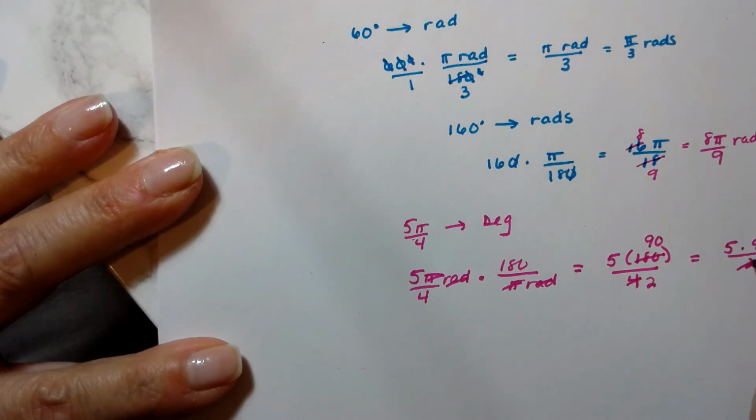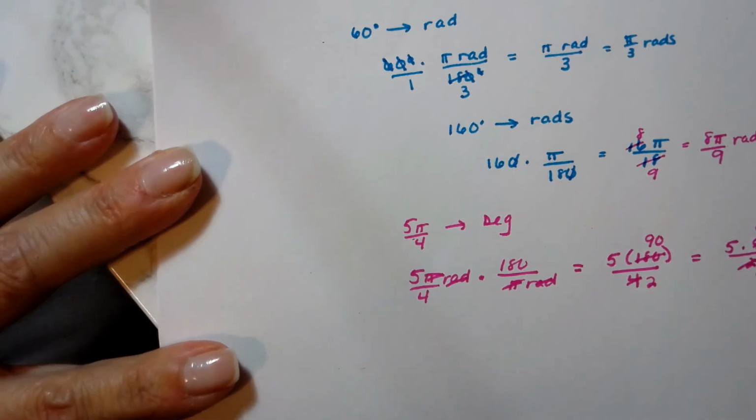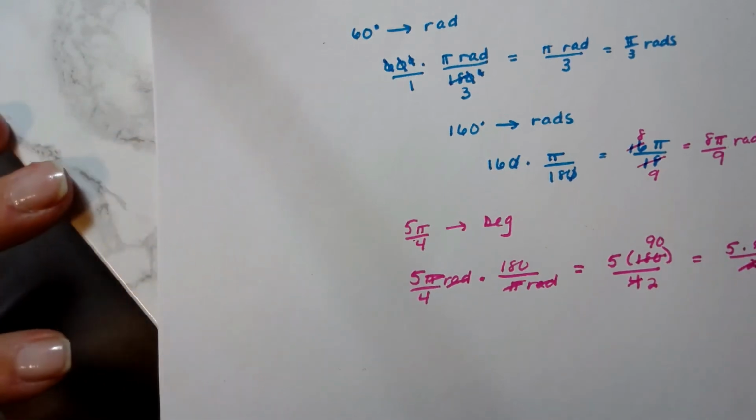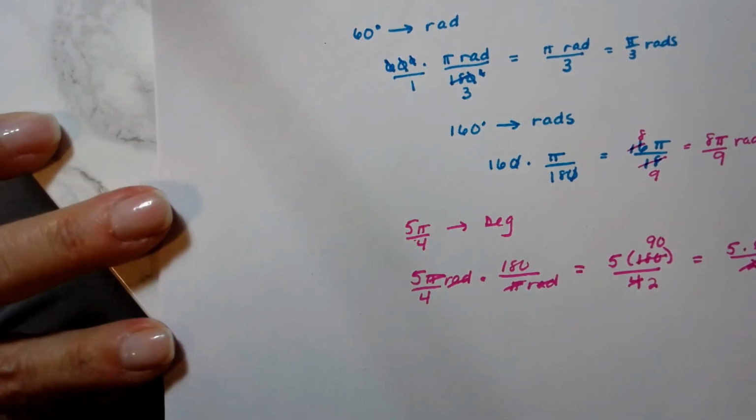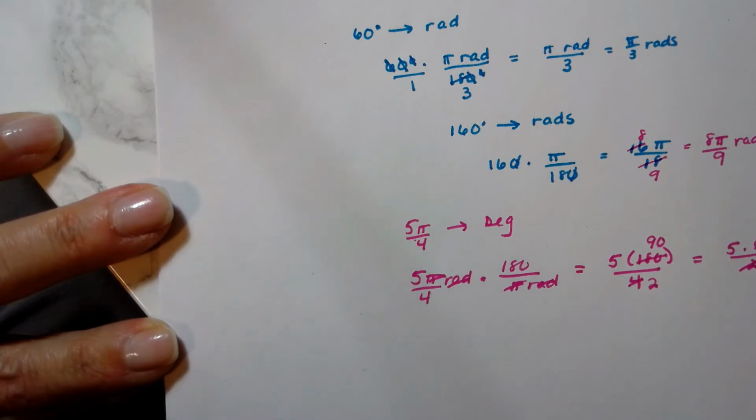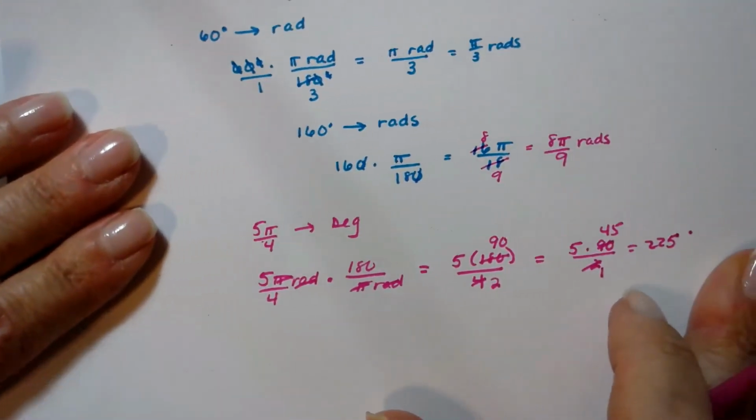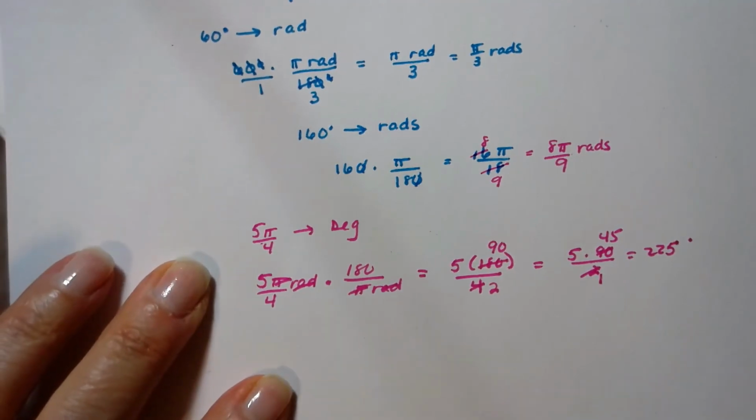And 2 goes into itself once, and it goes into 90 45 times. So this is over 1 now, so I don't need it. On the top, in the numerator, if I multiply 45 times 5, 5 times 5 is 25. If I carry over the 2, I get 225 degrees. Sorry about that. So 5 pi over 4 radians is equal to 225 degrees.